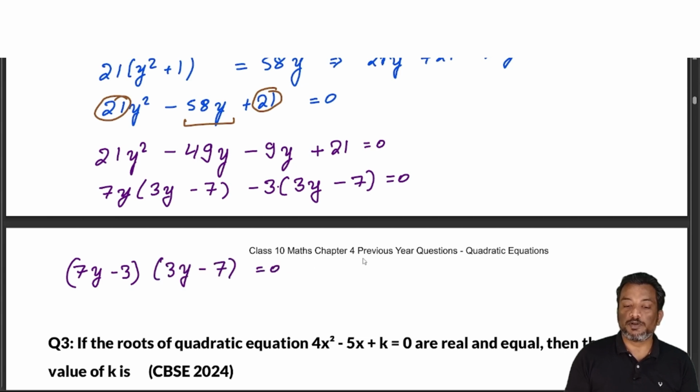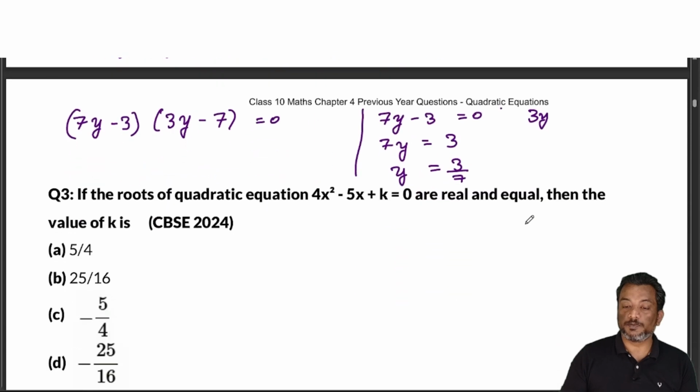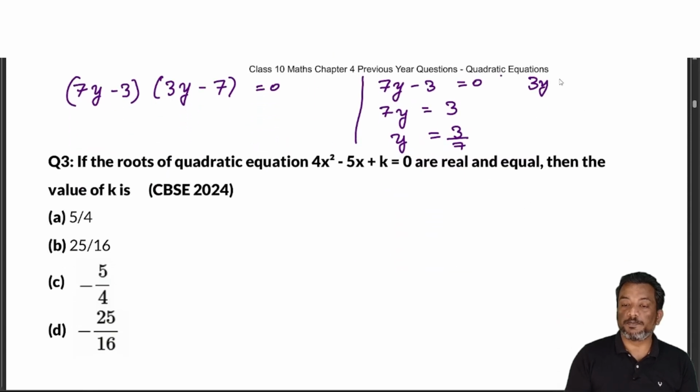So now 7y minus 3 is equal to 0. So 7y is equal to 3. So y is equal to 3 over 7. So the first value you got is 3 over 7. Same way, 3y minus 7 is equal to 0, so 3y is equal to 7. So y is equal to 7 over 3.